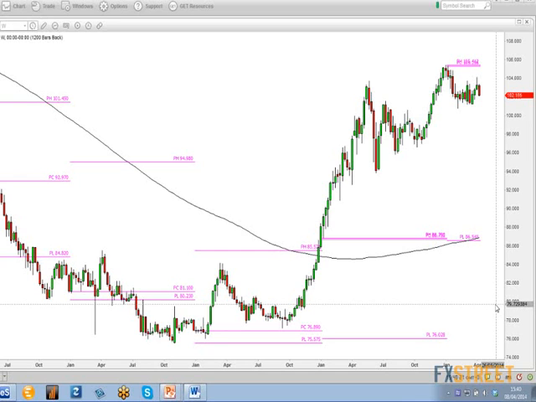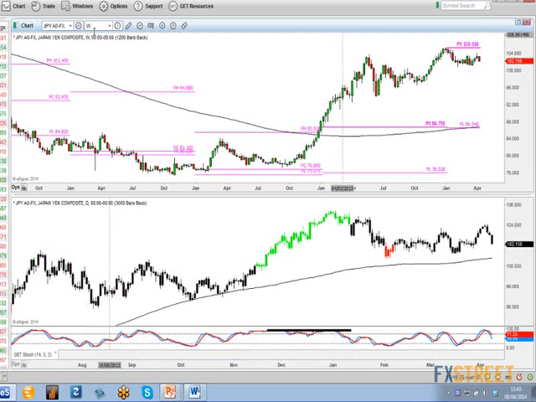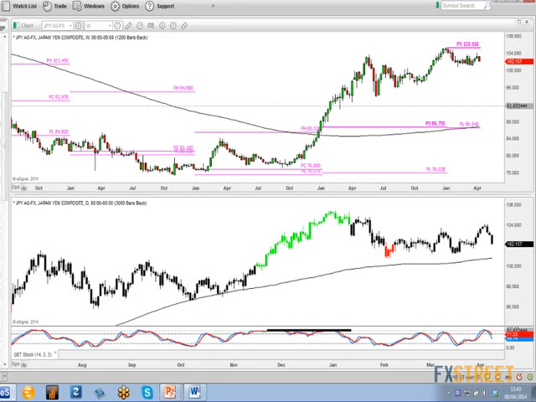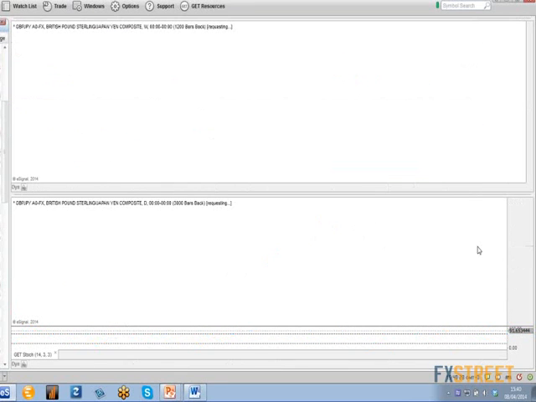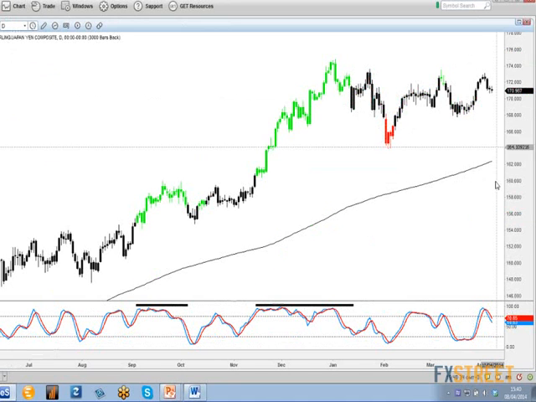You need to get familiar with that. On this chart, it would be 80, 90, 100. If we look at the pound yen, what you're looking at is 160, 170, which is currently acting as support, and then 180. If we go the other way, we've got 150.